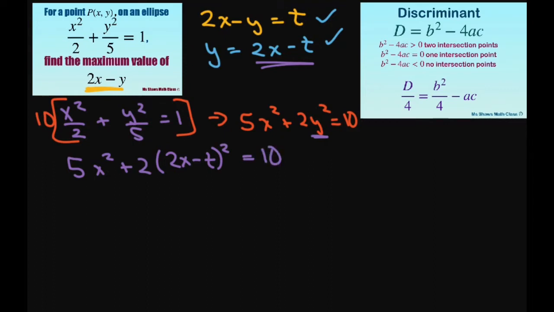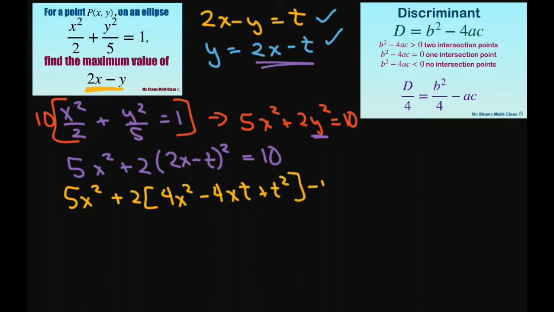Now, moving everything over, let's simplify all this. We get 5x squared plus 2 times, this is going to be 4x squared minus 4xt plus t squared, using the 2ab rule. I'm going to go ahead and subtract the 10.